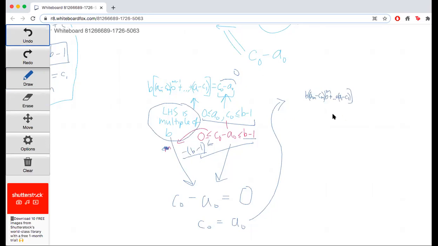So this whole thing is now just equal to 0. I'm literally just rewriting this, but now we have C0 equal to A0.